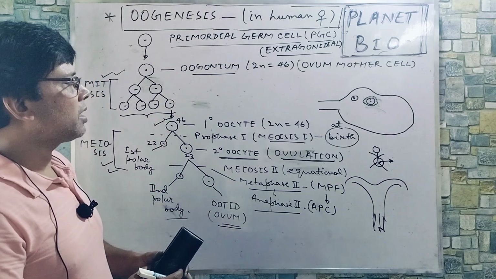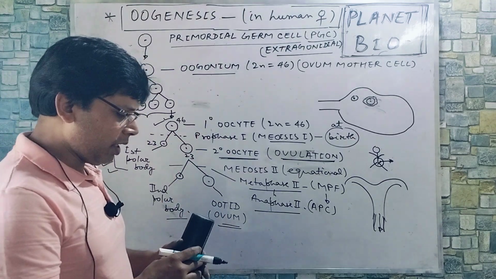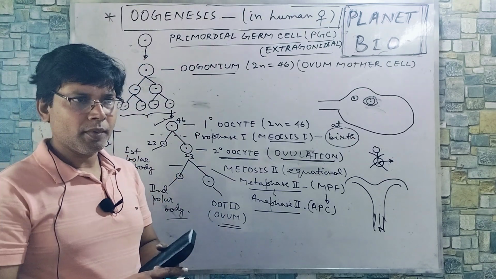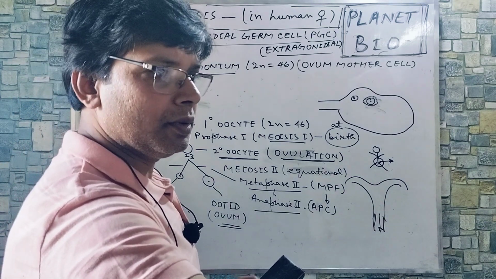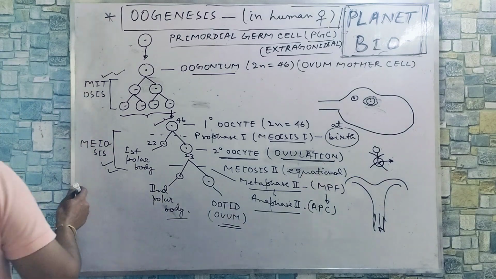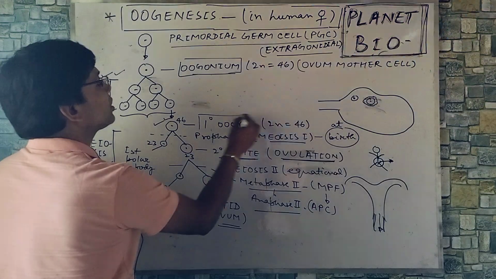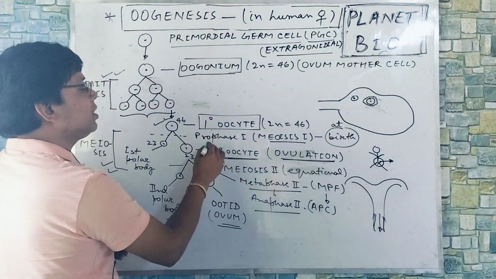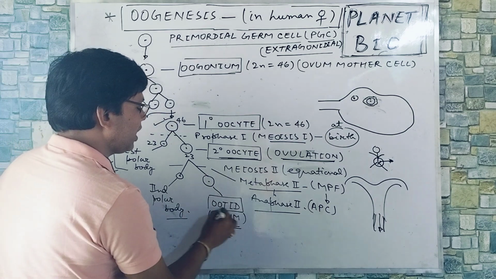Now a question is asked. Oogonium is diploid. Primary oocyte is also diploid. Secondary oocyte is haploid. Ootid is haploid.